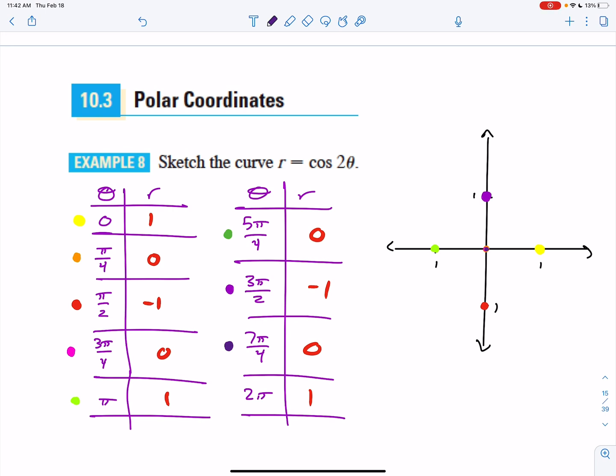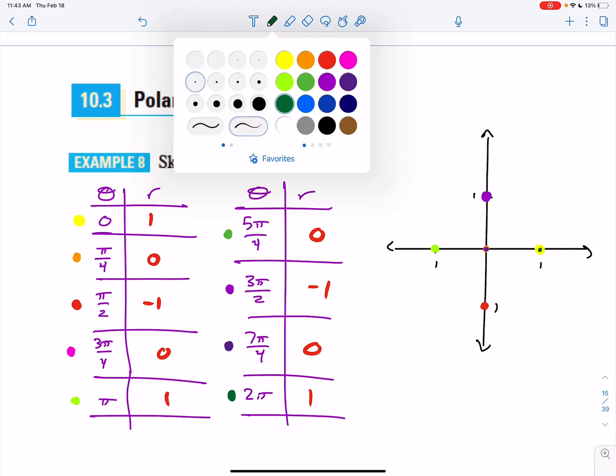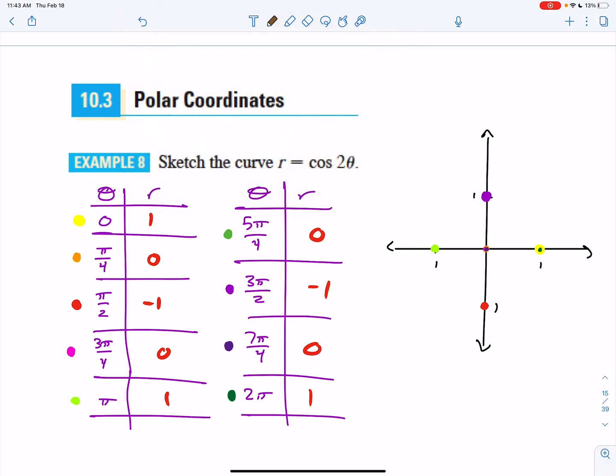Okay? And at 2 pi, which is the positive x-axis, the radius is 1, so I'm going to stay there. Okay, so I have these colors listed, right? But it's important that you guys understand the order of it. So I'm going to use a brown here. Okay, so we started off with yellow. And then eventually it curved to the orange. Then it goes to the red.